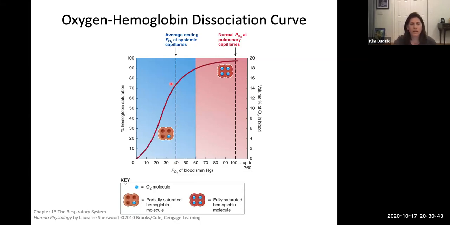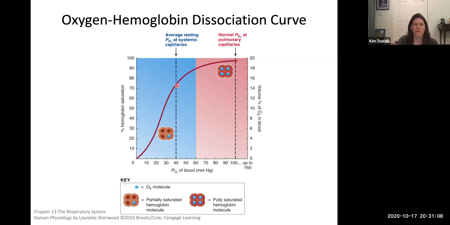So if I'm careful, I go right about there. It's about midway between 70 and 80. So that tells me when the partial pressure of oxygen is at 40 down at the tissues, then hemoglobin is releasing its oxygen, and it's going to be about 75% saturated.